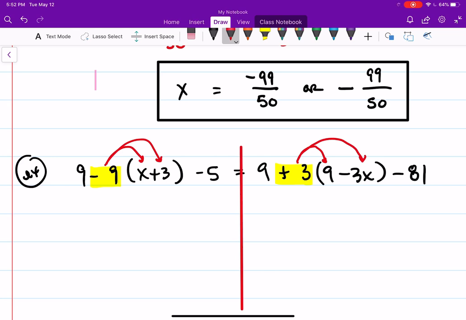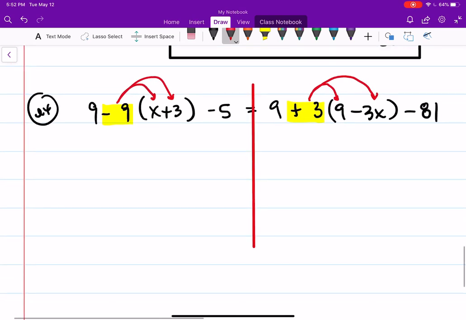Just the 9 on here gets distributed. So I have to get rid of parentheses first. If your tendency is to subtract the 9 here first and add the 9 and 3 here first, it's wrong. Order of operations says specifically parentheses. I can't do anything inside, so exponents: I don't have any. The next thing is multiply, and distributing is multiplying.